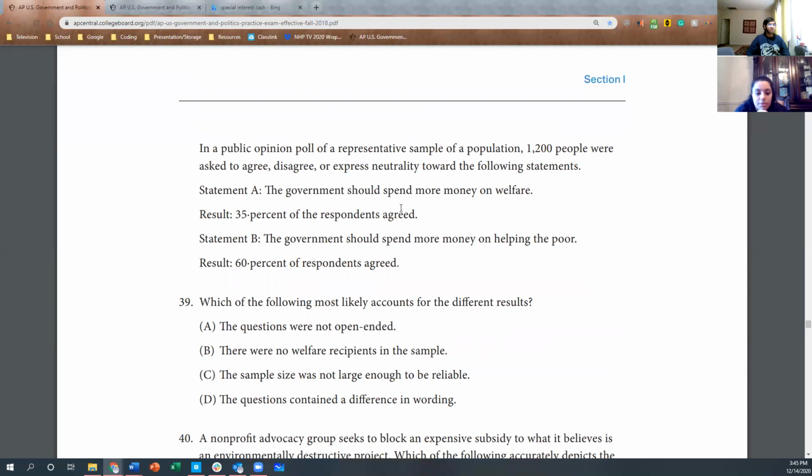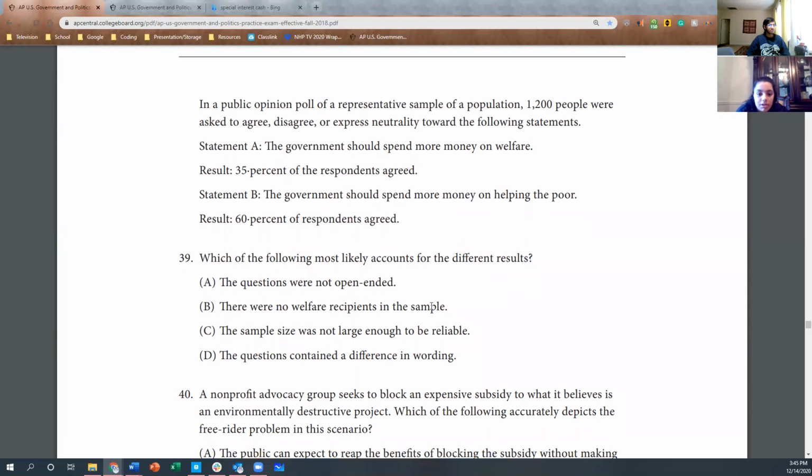Which most likely accounts for the different results? The questions were not open-ended. I think it's D. It does not make sense. There were no welfare recipients in the sample. We can't just assume that. Yeah, you can't assume that, exactly. The sample size was not large enough to be reliable. I mean, 1,200 people is kind of a lot. That's a pretty decent sample, yeah.